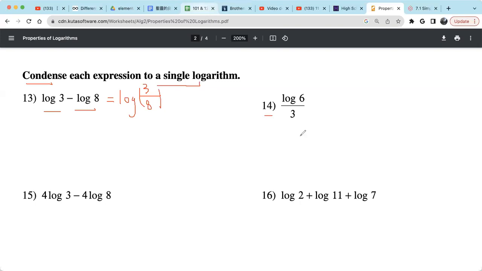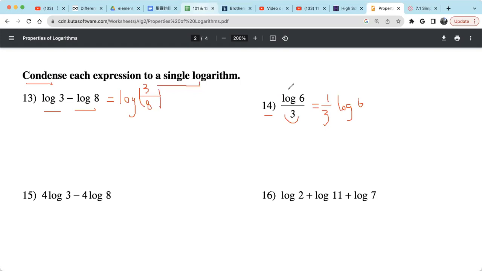Let's see 14. We have this 3 in the denominator. So this 3 is 1/3, right? When the number shows up in the denominator, you can always think that's 1 over the number. And of log 6. So first we write this way, right?